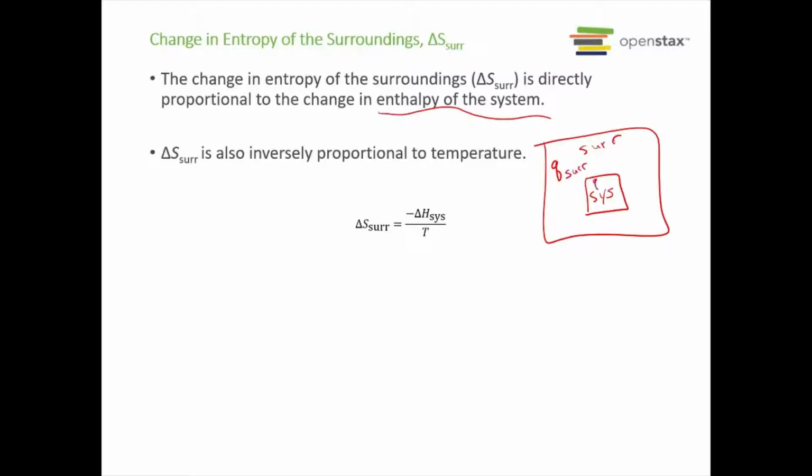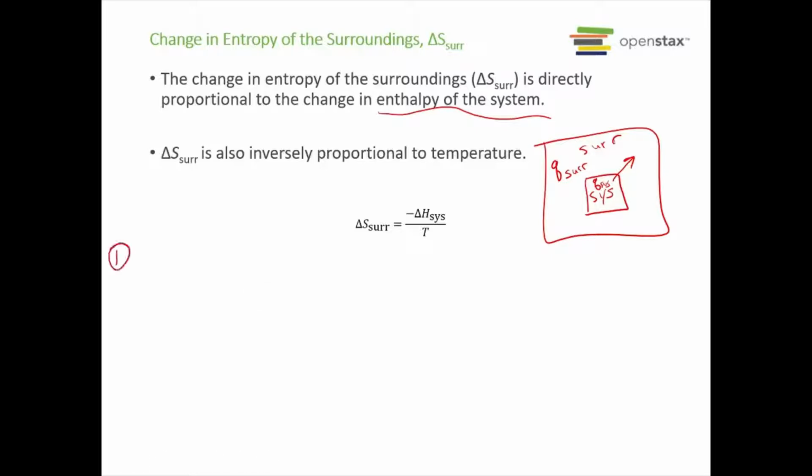We have some Q surroundings and some Q system, so we're getting some heat exchange going on. Let's say that the hotter object is the system. Since heat flows from hot to cold, the system is giving its heat off to the surroundings. This is the first of our processes we're going to look at.